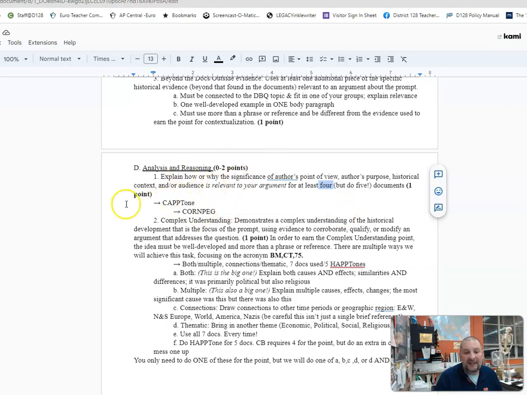So what does that look like? This is CAPTONE, which some of you are familiar with. CAPTONE is another acronym. We've got context, author, audience, purpose, point of view, and tone.